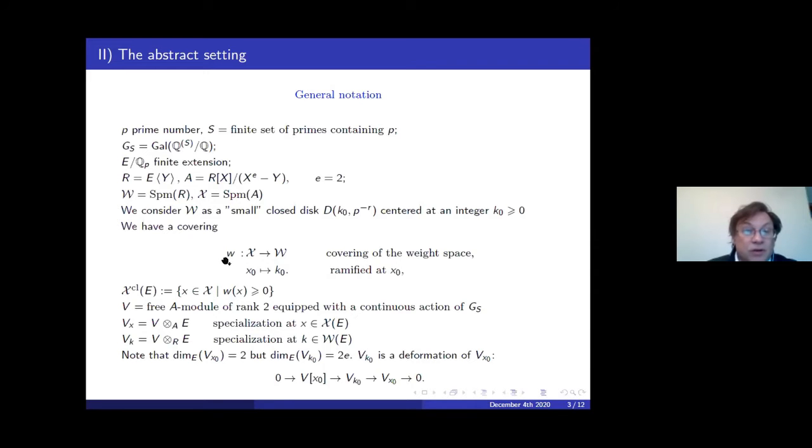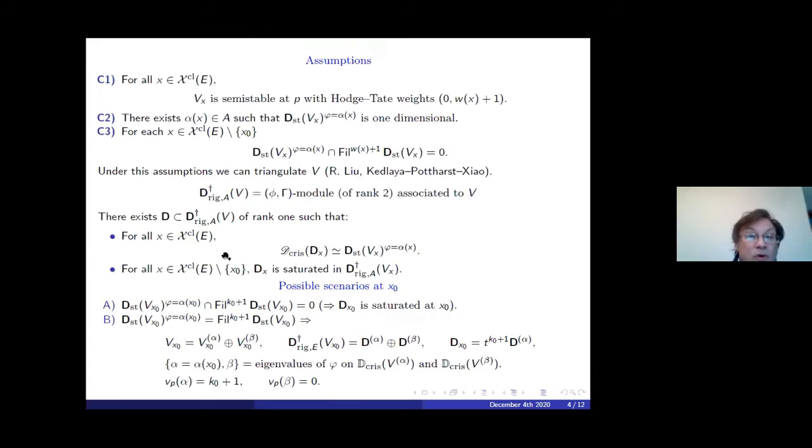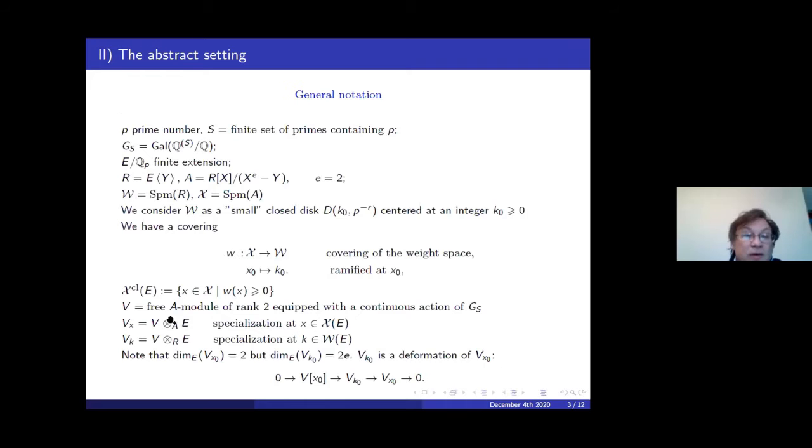So we will denote by W the natural covering projection of X onto the weight space, and denote by X0 the center of X, which projects onto the center of W, which is denoted by K0, and we will interpret it as the weight K0 point.